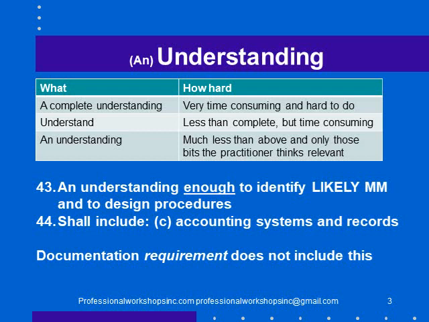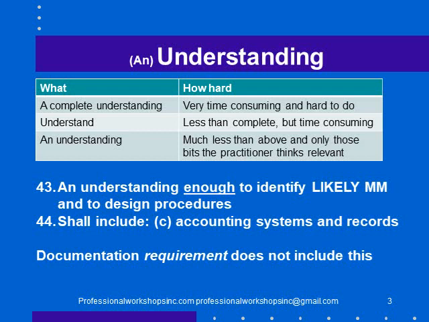It also doesn't say understand. The accountant shall understand. Now that would be less than complete, but to understand would still be a lot, and to understand the client, there would still be many areas beyond the financial statements that you had to understand. And it doesn't say that.